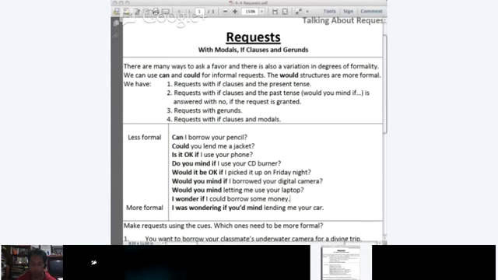Yeah, I think it's 2, 3, and 4 here. So they're combining an if clause, a gerund, and modal verbs. So I was wondering if you'd mind is a very indirect way to ask for something. You'll notice as you look down this list, as the requests become more formal, the sentences become longer.